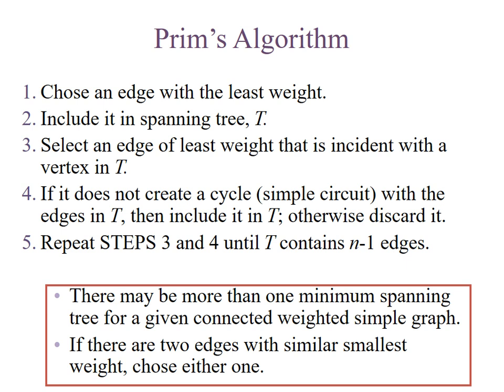Choose the edge with least weight and include it in the spanning tree. And then we can select the edge of the least weight that is incident with a vertex in the tree. If it does not create a cycle, then we can include it in the tree T. Otherwise, we discard it and we repeat these two steps.